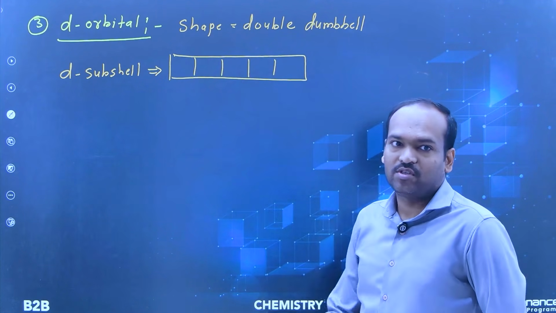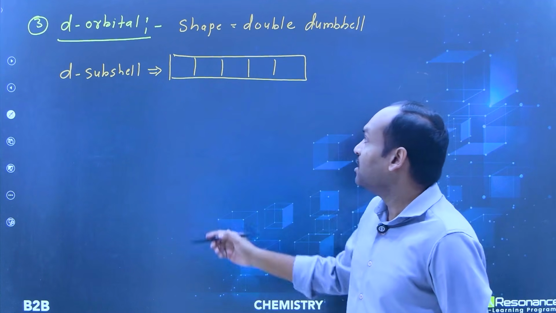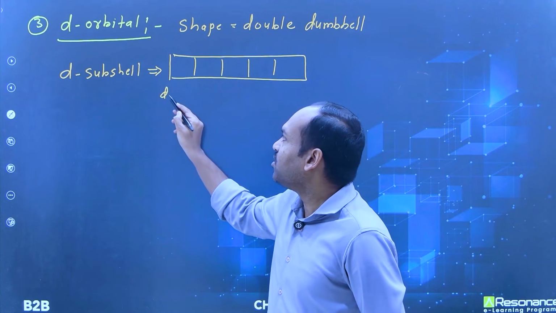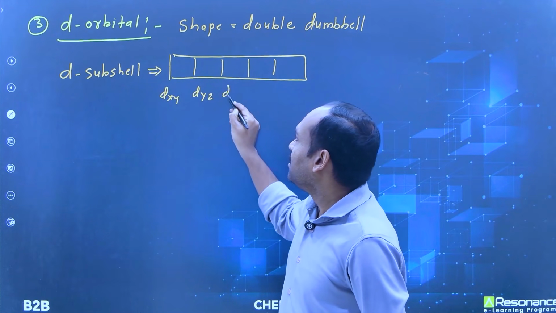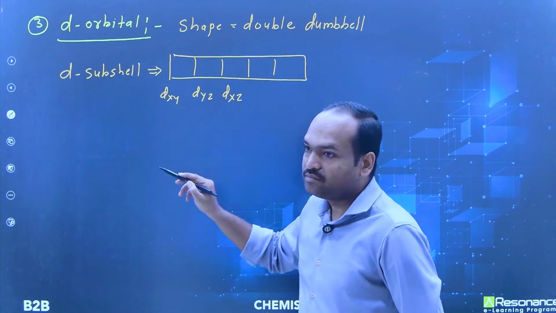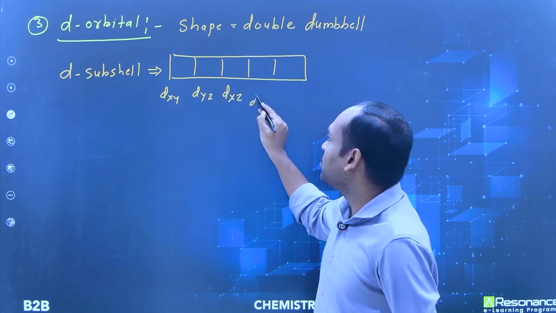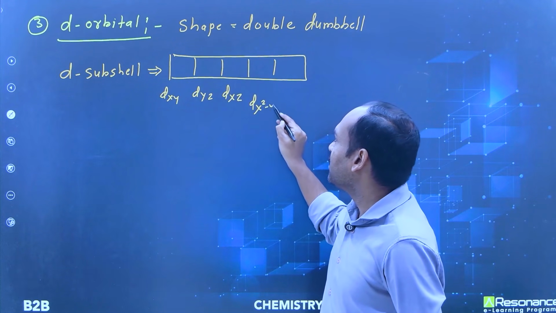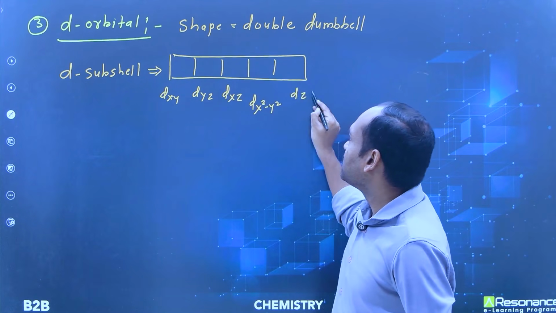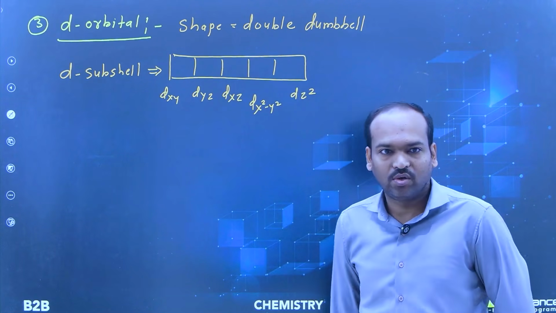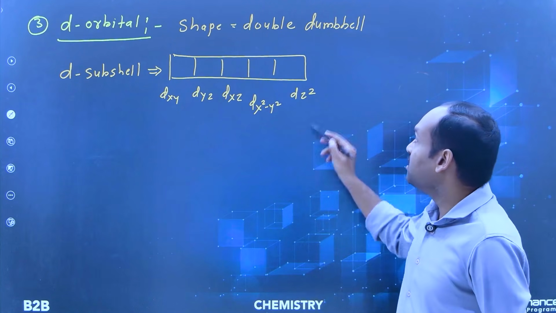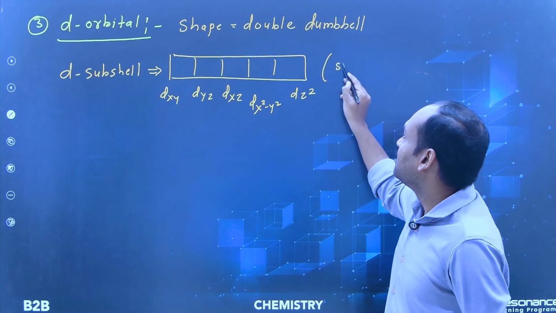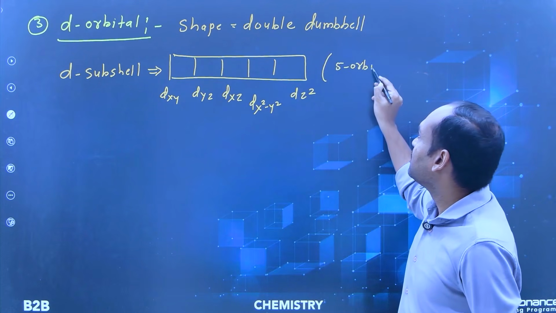They have their names also: dxy, dyz, dzx, dx square minus y square, and dz square. So the d subshell contains 5 orbitals.